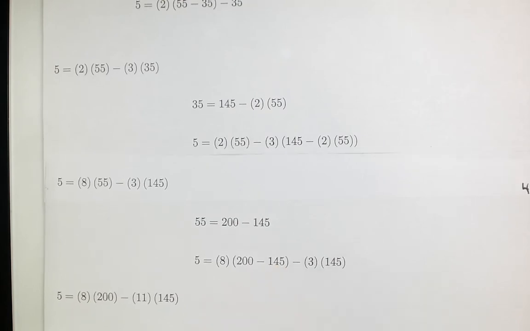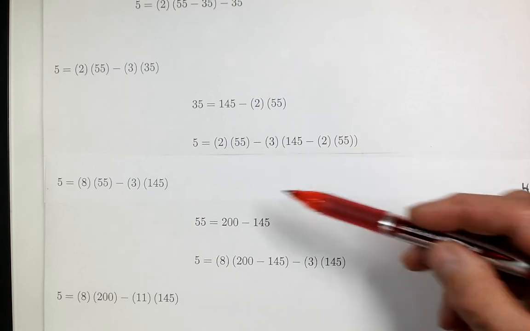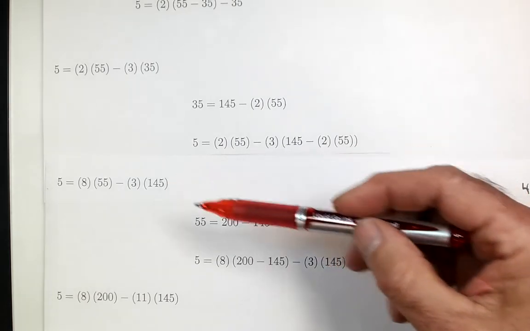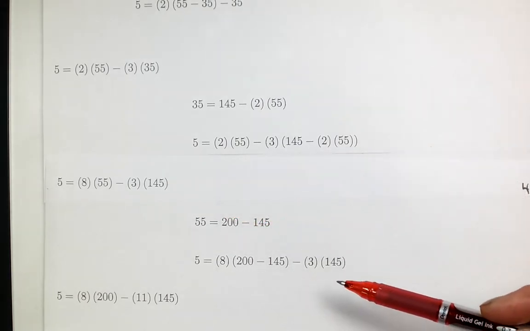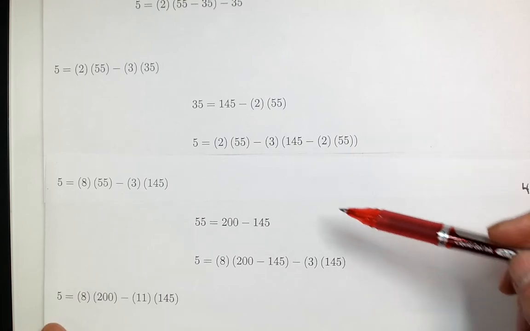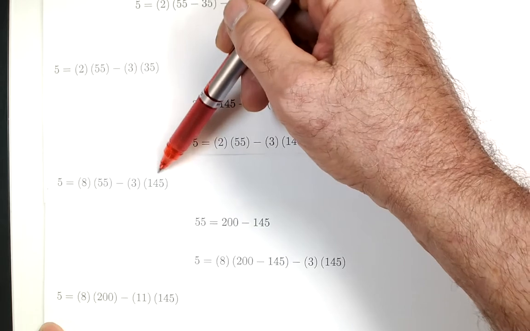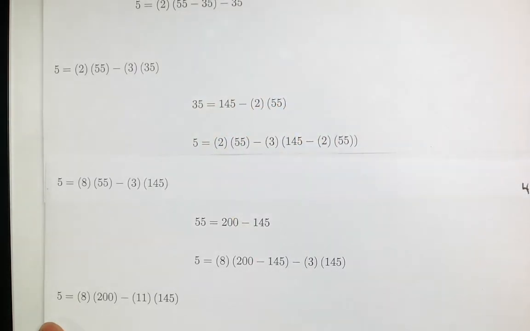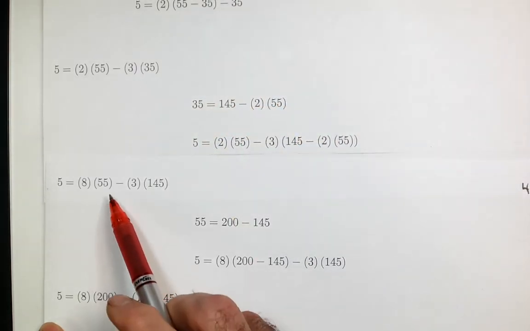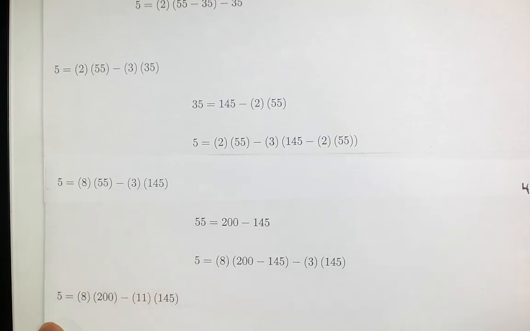Well, guess what? Now that we have this equation, we're going to use equation 5 to take the smaller of these two divisors, 55 and 145. We're going to take the smaller of the two divisors, 55, and express it in terms of its two immediate predecessors.